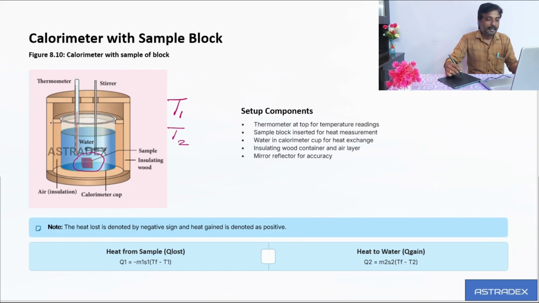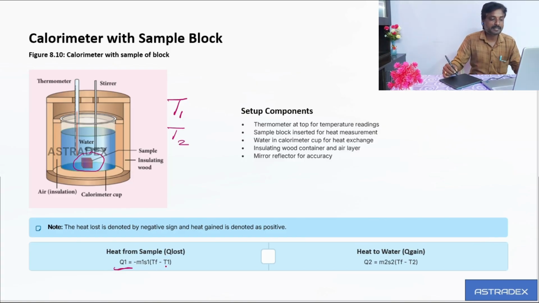The heat of the sample is taken as Q1. Q is equal to m s del T. So Q1 is equal to minus M1 S1 into del T. The minus symbol refers to heat loss by the sample.